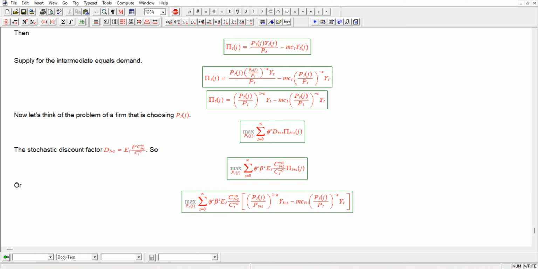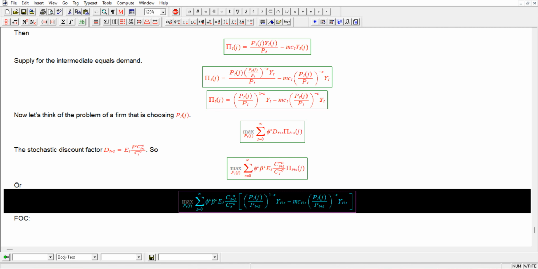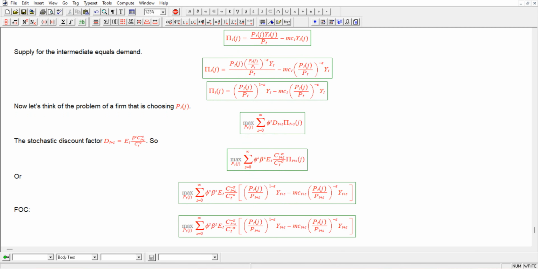Notice the one term we do not need to update is the price that they are choosing right now. Then the first order condition is going to be that the derivative of these terms all have to equal 0.